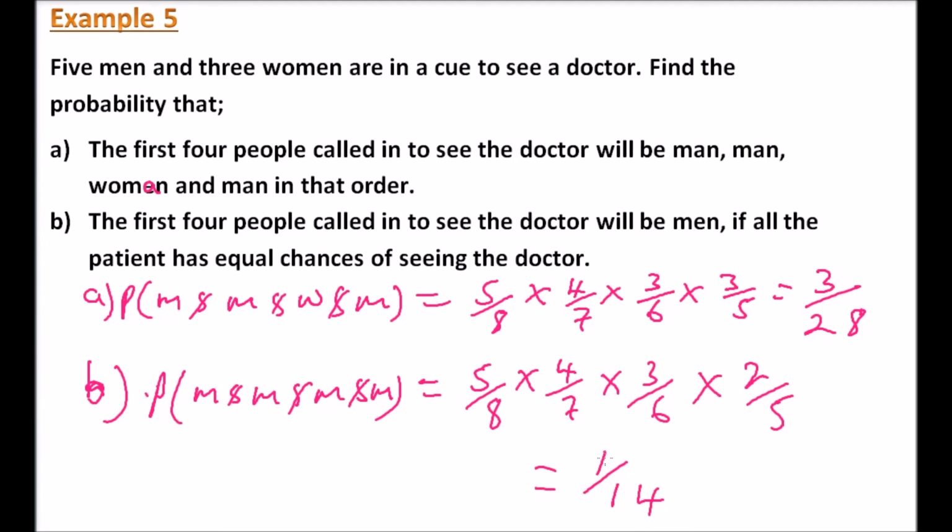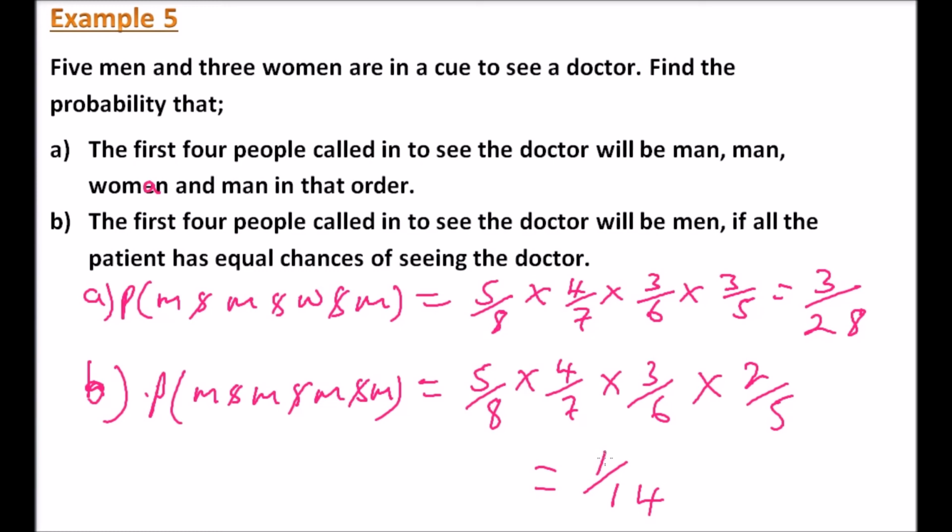In conclusion, since we were discussing independent event, always remember to differentiate between mutually exclusive event and independent event. And always remember, when you are dealing with independent event, we normally multiply the probabilities. When you are dealing with mutually exclusive event, we normally add the probabilities.